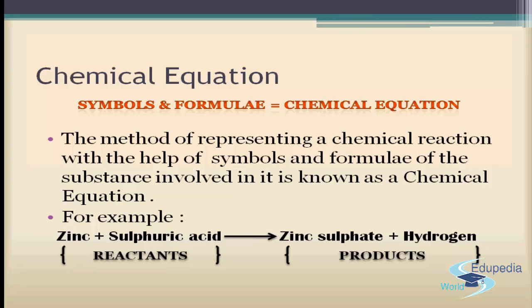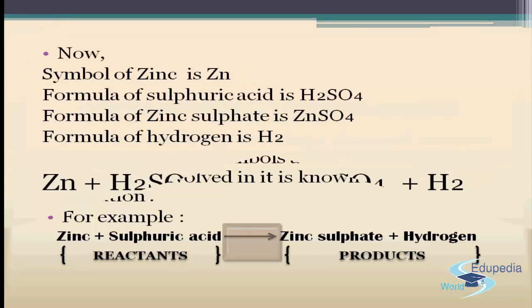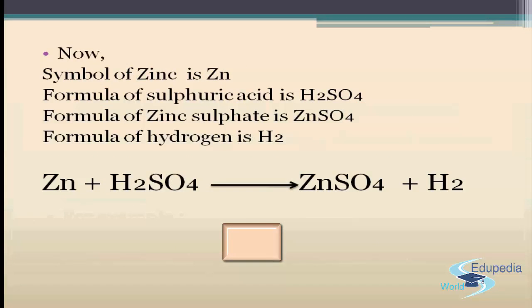So now it should be clear that a chemical equation is a shorthand method to represent a chemical reaction. So now to change this chemical reaction into chemical equation, what should we do? Let's find out. As now we know that the symbol of zinc is Zn, formula of sulfuric acid is H2SO4, formula of zinc sulfate is ZnSO4, and hydrogen is H2.